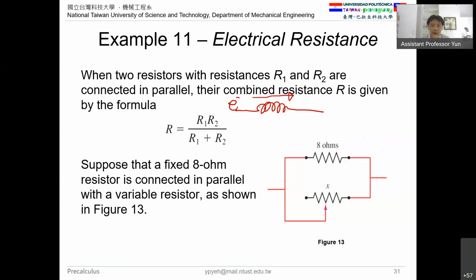But after passing through this one, maybe you can see that only two or three electron units pass through the resistance. So some part of them will be missed after passing through this resistance.